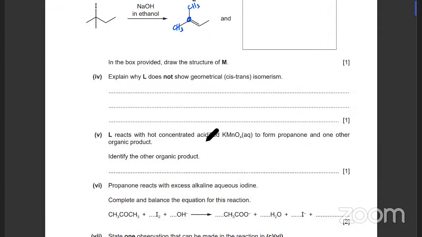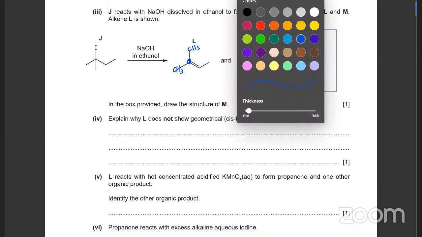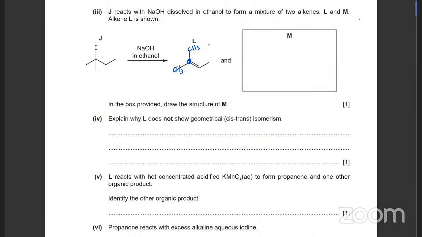L reacts with hot concentrated acidified KMnO4 to form propanone. Now, with hot concentrated KMnO4, it's an alkene, so it's going to get oxidized. What is the first thing that will happen? The double bond between the carbons will break, right? What will this turn into, the one on the left? Propanone. Ketone.